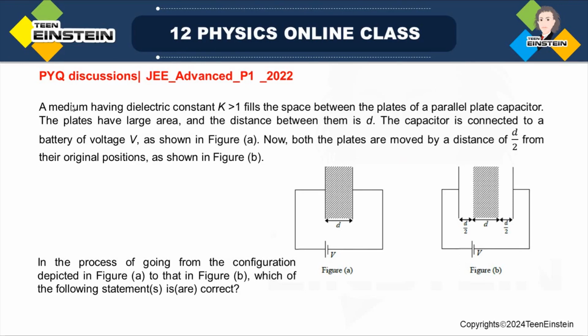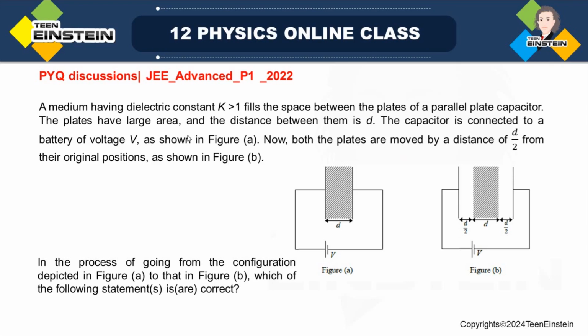Hello students, welcome to the POQ discussions on JEE Advanced papers. Here I have got a problem from JEE Advanced paper 1 2022. The question says a medium having dielectric constant K greater than 1 fills the space between the plates of a parallel plate capacitor.